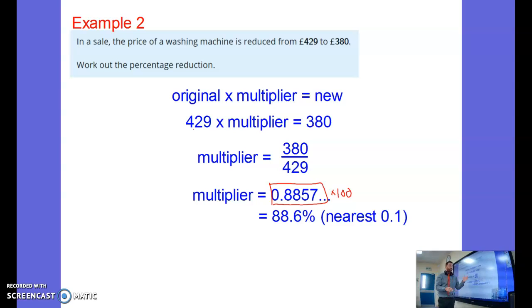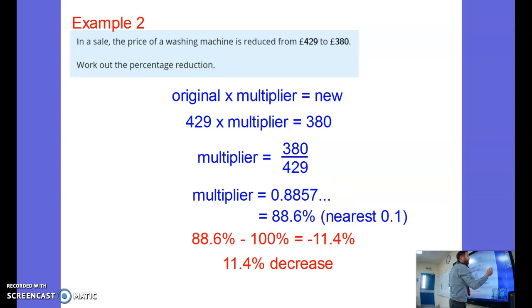Well, to go from 100 to 88.6, it's decreased, it's reduced, it's gone down. But by how much? Well, let's take away 100 from 88.6, and we can find that it is 11.4% decrease.